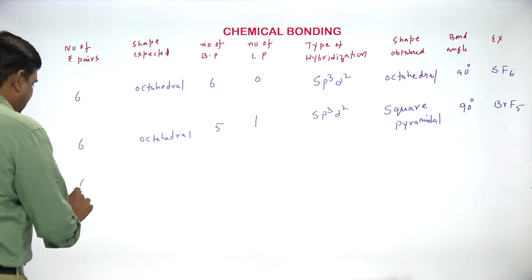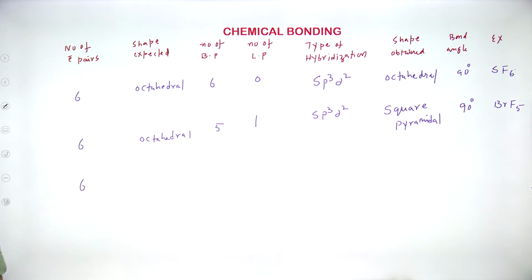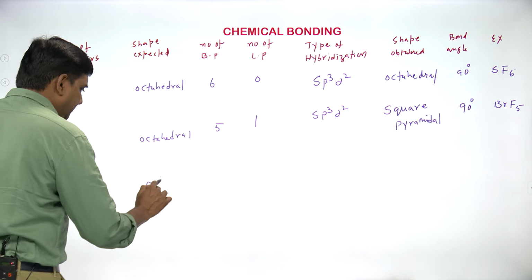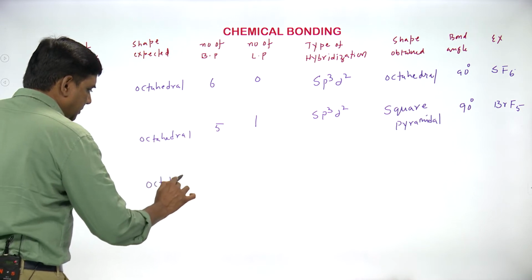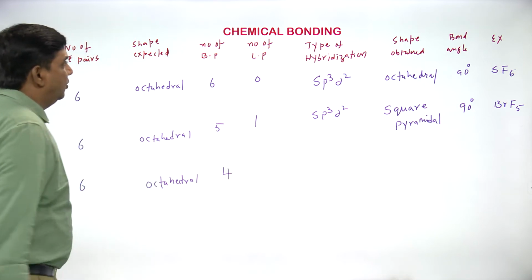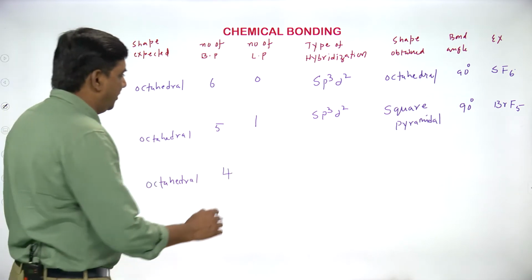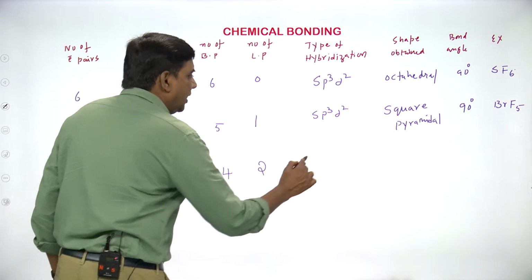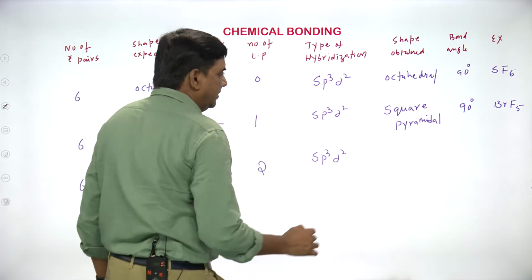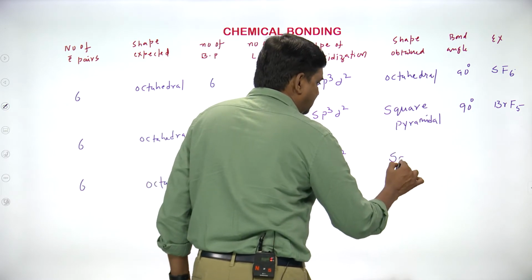Now the number of electron pairs is 6, and the shape expected is the same octahedral, and the number of bond pairs is 4 and the number of lone pairs is 2. Hybridization is sp3d2 and the shape is square planar.